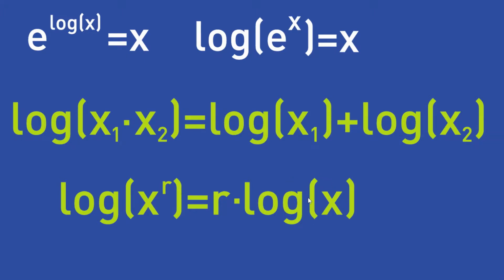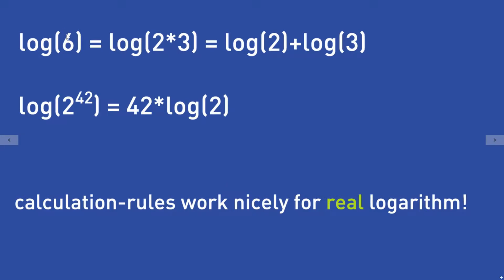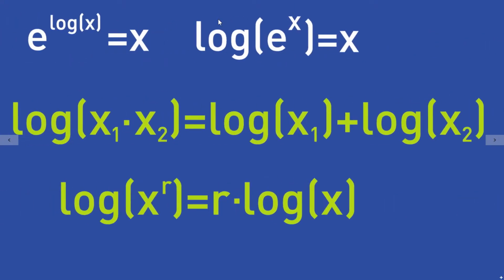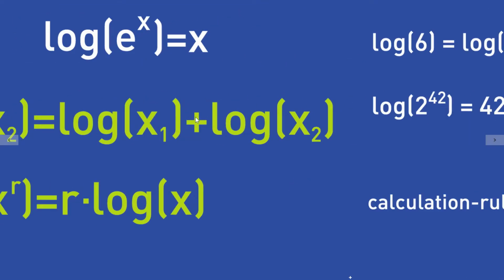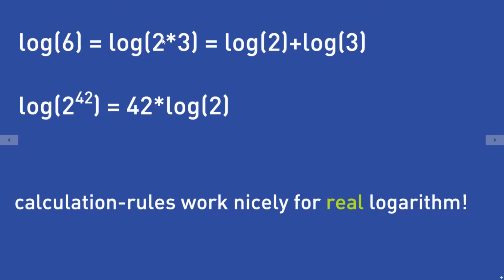This means we can change a multiplication to a summation, which you can see here, by using the logarithm, and put exponents in front of the logarithm, which you can see here. For example, you could write the logarithm of 6 as the logarithm of 2 times 3, and by using this first rule here, you can write the logarithm of 2 times 3 as the logarithm of 2 plus the logarithm of 3.